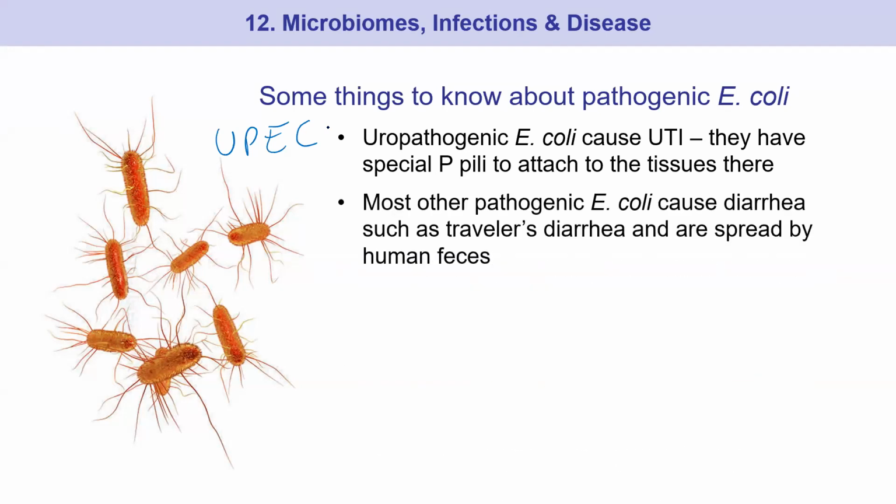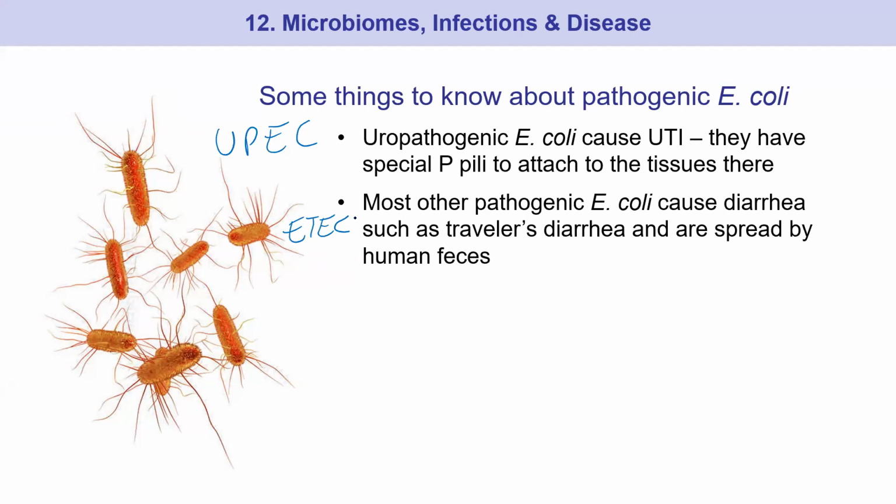What else to know? Most other pathogenic E. coli fall into the traveler's diarrhea category, and these ones are called ETEC, which stands for enterotoxigenic E. coli. These ones are spread by human fecal matter. That's why it's called traveler's diarrhea, because in Canada, we have very good sanitation systems in most parts of the country, so most of us are not getting exposed to E. coli in our drinking water, quite honestly.